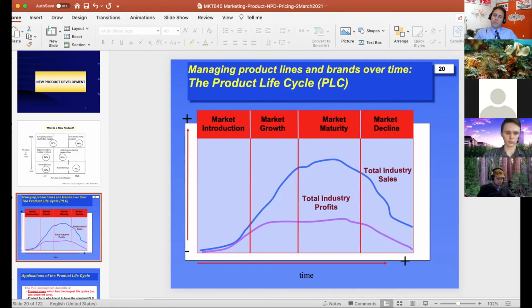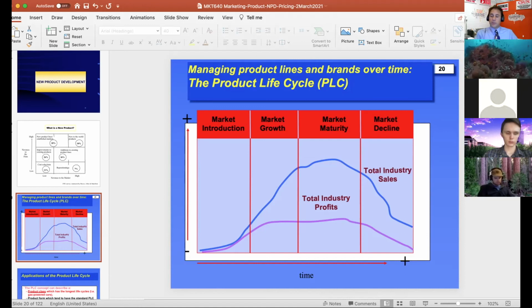Do you remember this concept of Boston Consulting Group matrix, the BCG matrix? The BCG matrix is the matrix where you have the star, the question mark, the cash cow, and the dog.